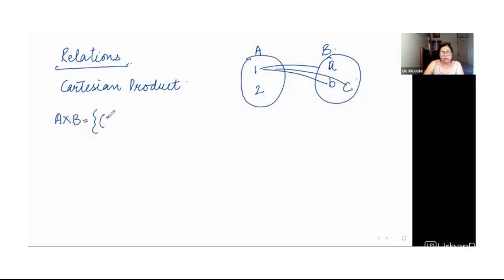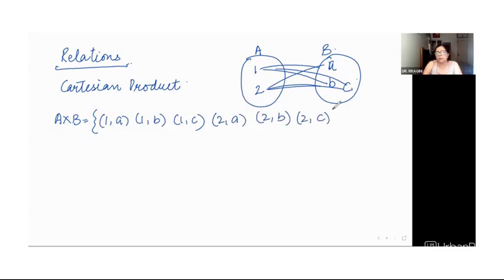So the ordered pairs are formed this way: (1, a), (1, b), (1, c), then (2, a), (2, b), (2, c). This is the Cartesian product between two non-empty sets.